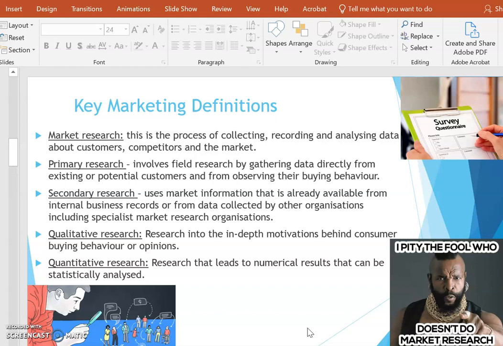Secondary research can also be that information that other organizations have collected and created in a form that is accessible to the business. So examples of this could be simply research and articles in newspapers or magazines.